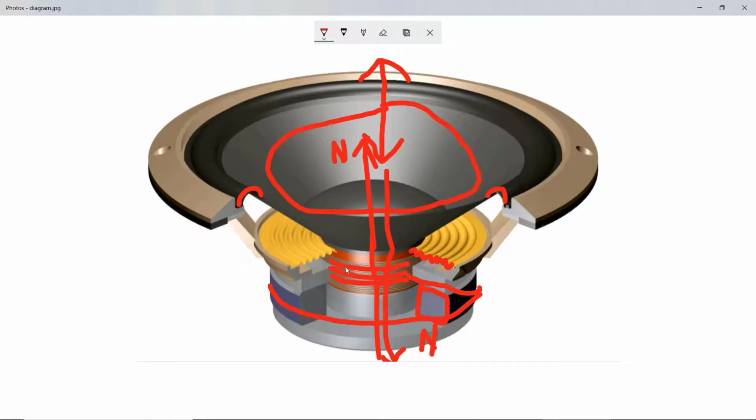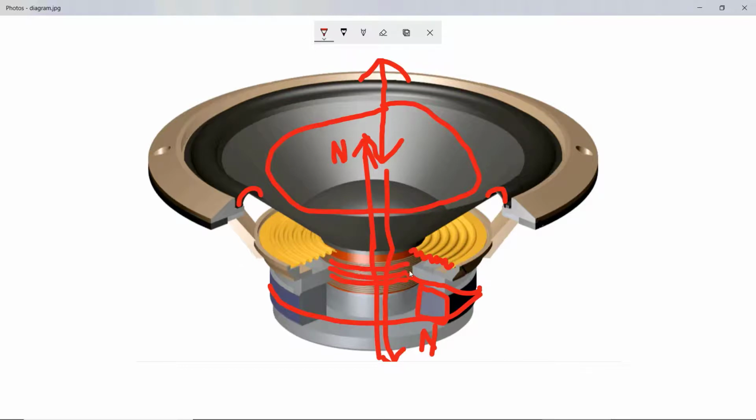Well, remember that cone is attached to this tube that has the electromagnet made on it. So as the electricity flows one direction, the cone pushes out. And if you reverse the electricity, it sucks in.